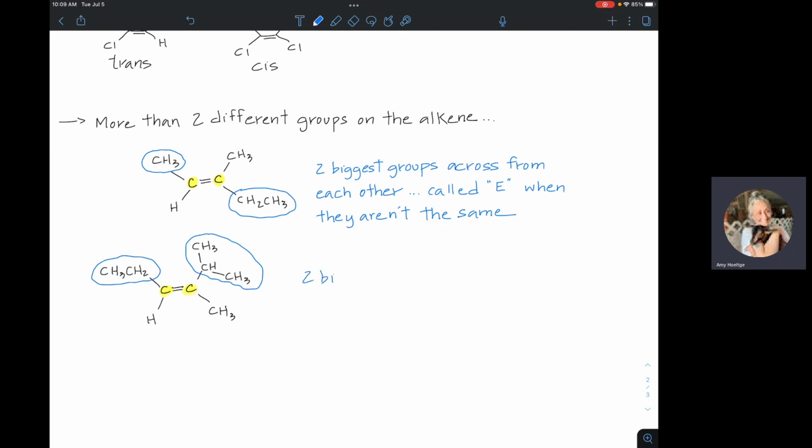So the two biggest groups are going to be on the same side of the double bond. And so when they're not the same group, we're going to call this the Z isomer.